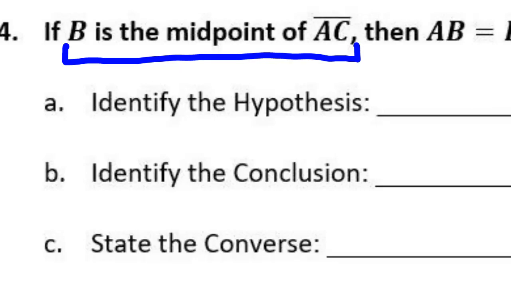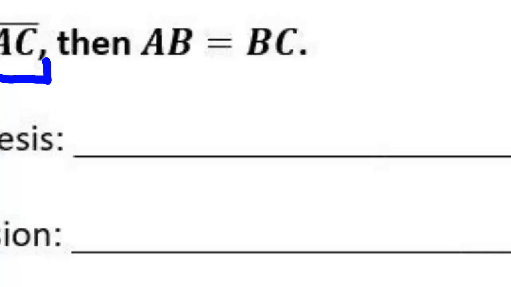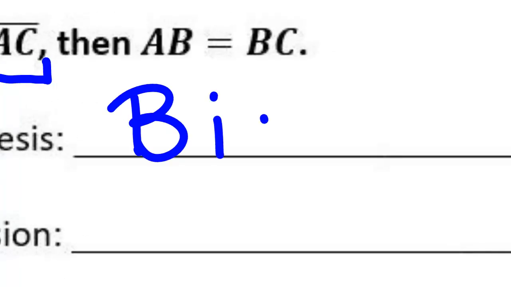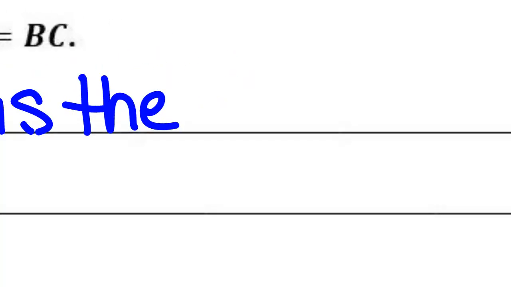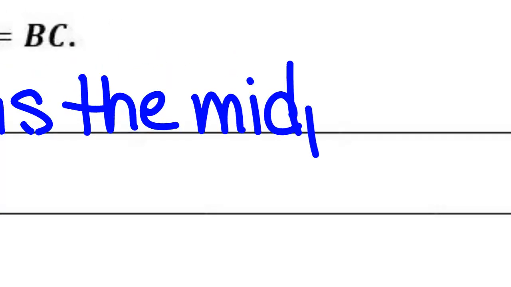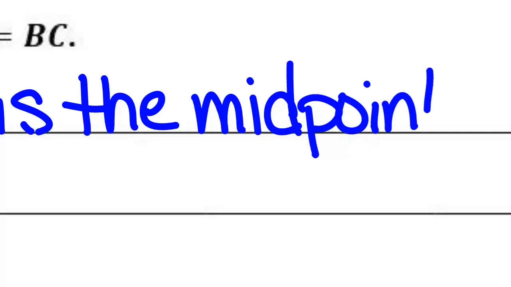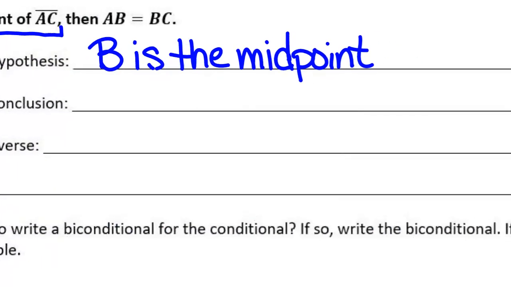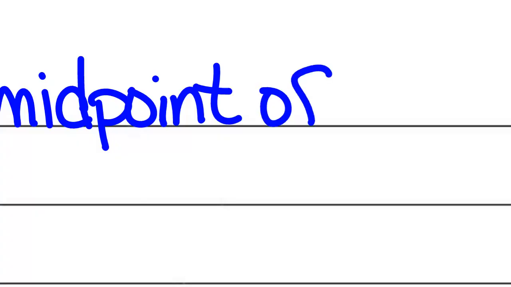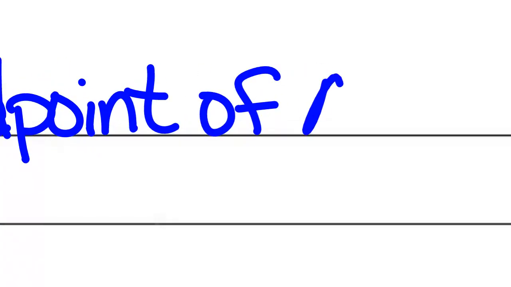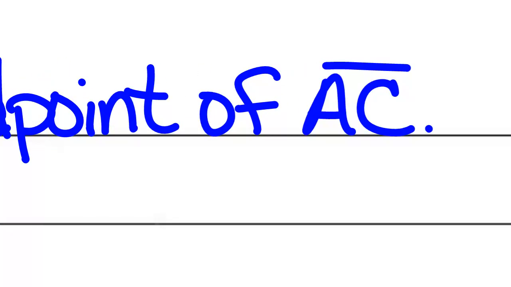You are writing sentences for me. So I would write B is the midpoint of AC. I need you to put that away, please. B is the midpoint of segment AC. Period at the end, because this is a sentence.